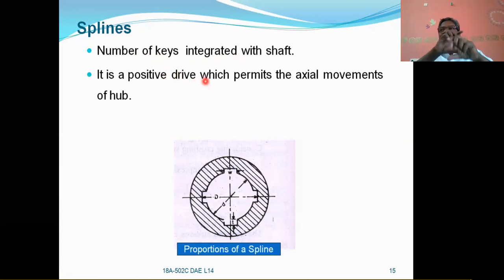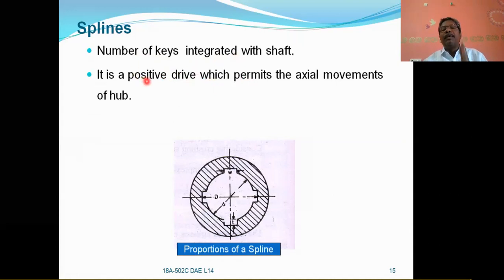That means on the shaft there are a number of keys which are integral with the shaft, and the hub can move along the axis of the shaft.